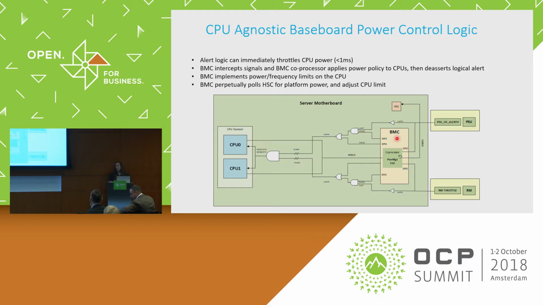What the policy tells it is, when it receives this alert from the rack manager or from its PSU failure, what actions it should take. Our fabric software will talk to the BMC and tell it, when you receive this alert signal, reduce your power to 340 watts, reduce your power to 400 watts, do nothing, just ignore it. And the fabric makes those decisions based on the workload it's assigned to the server.